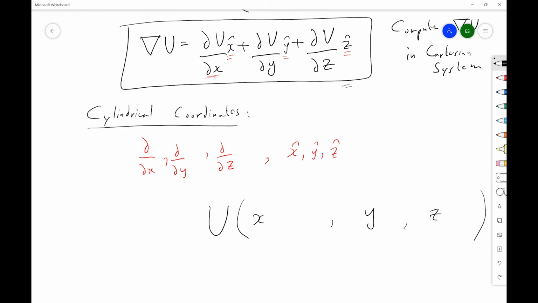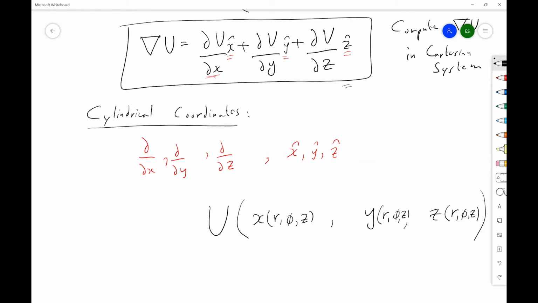But if you think about a different coordinate system, each of X, Y, Z is going to be a function, let's say cylindrical, of R, phi, Z. X is a function of R, phi, Z. Y is going to be a function of R, phi, Z. Z is going to be a function of R, phi, Z.